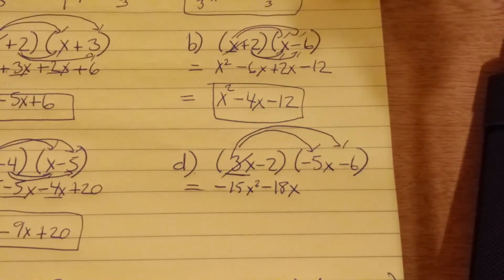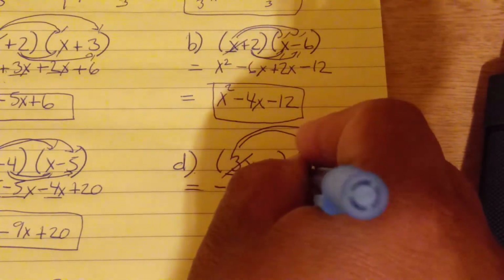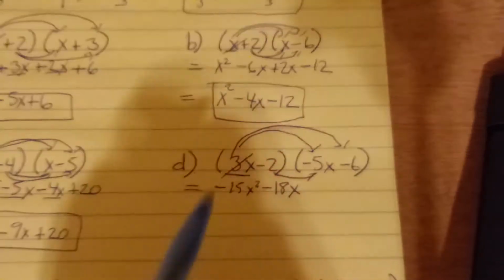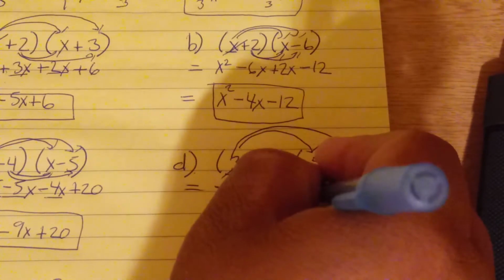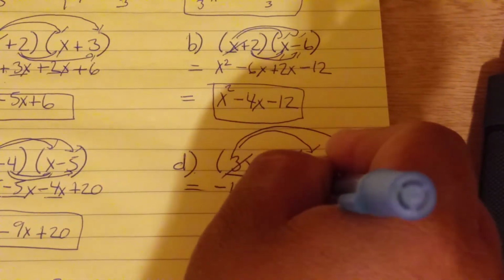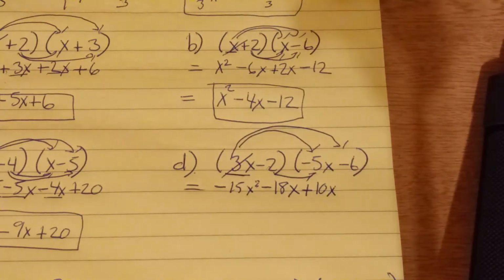And now we're going to go ahead and take a look at -2. So we're going to distribute the -2 times -5x. So -2 times -5, that becomes positive. So it'll be positive 10x, since the 2 doesn't have an x attached to it.